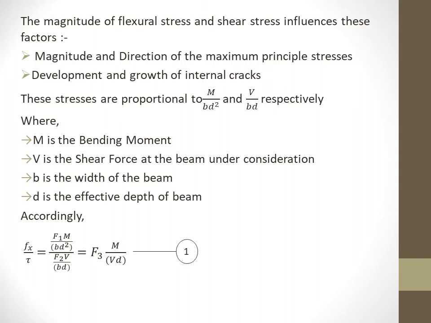If shear is more, its direction and magnitude will be the maximum principal stress. If flexural stress is more, the magnitude and direction of the maximum principal stress will be indicated by flexural stress, and the other way around if it's shear stress.